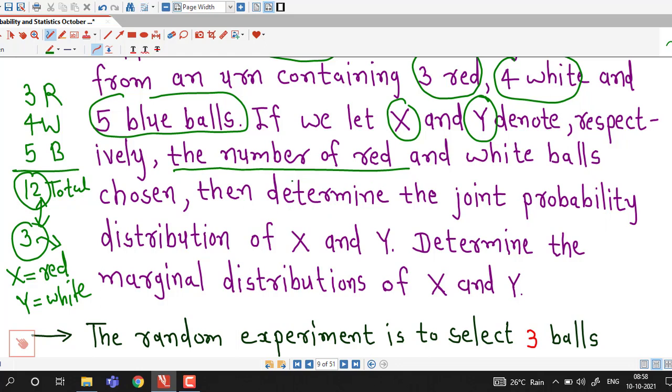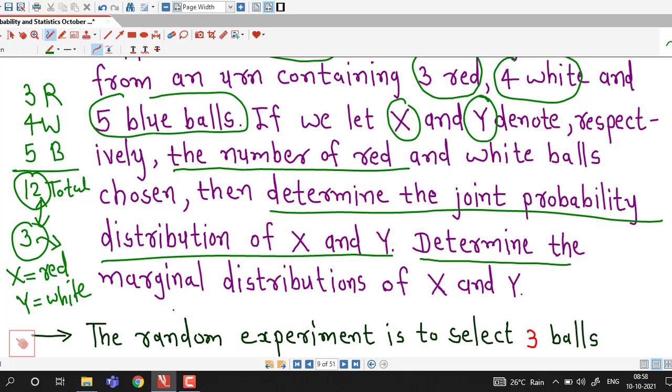With these definitions of capital X and Y, we have to determine the joint probability distribution of X and Y. Also we have to determine the marginal probability distributions of capital X and Y.